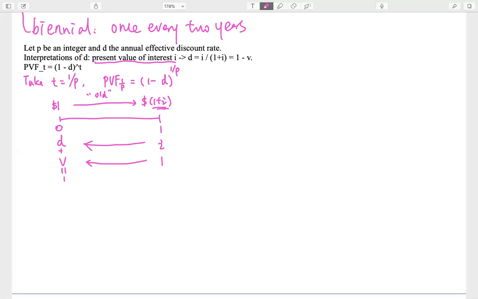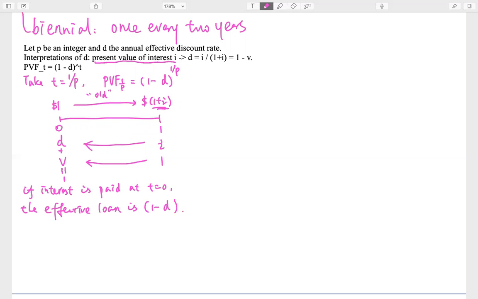So there are several ways to understand. Here I give you another understanding. What we do is the effective loan. If interest is paid at 0, the effective loan is 1 minus d, right?